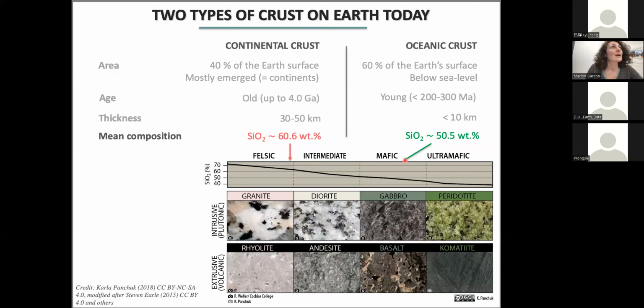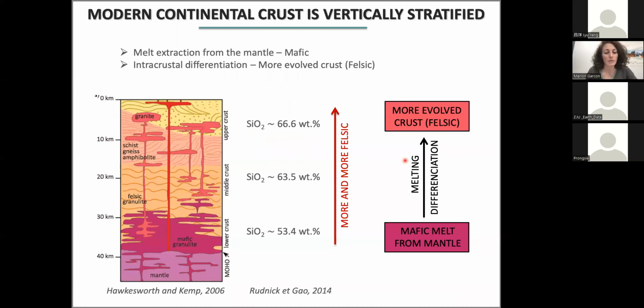So in detail, the vertical structure of the continental crust is a bit more complex. It's not a homogeneous crust. It's in fact vertically stratified.